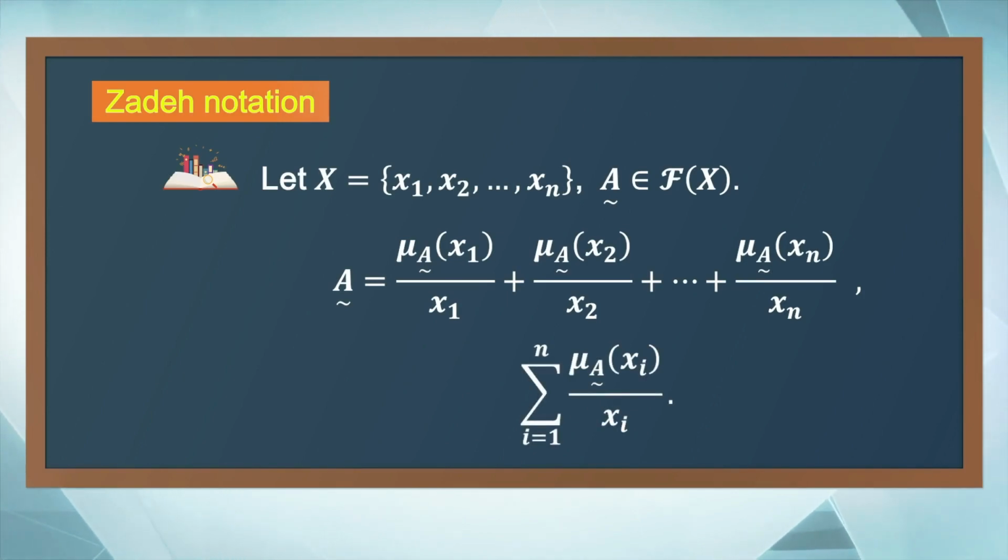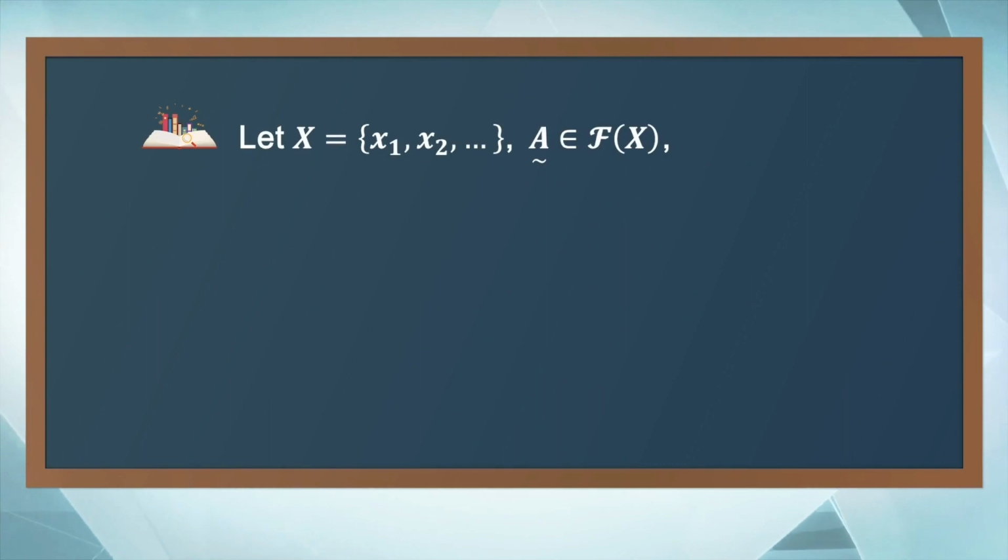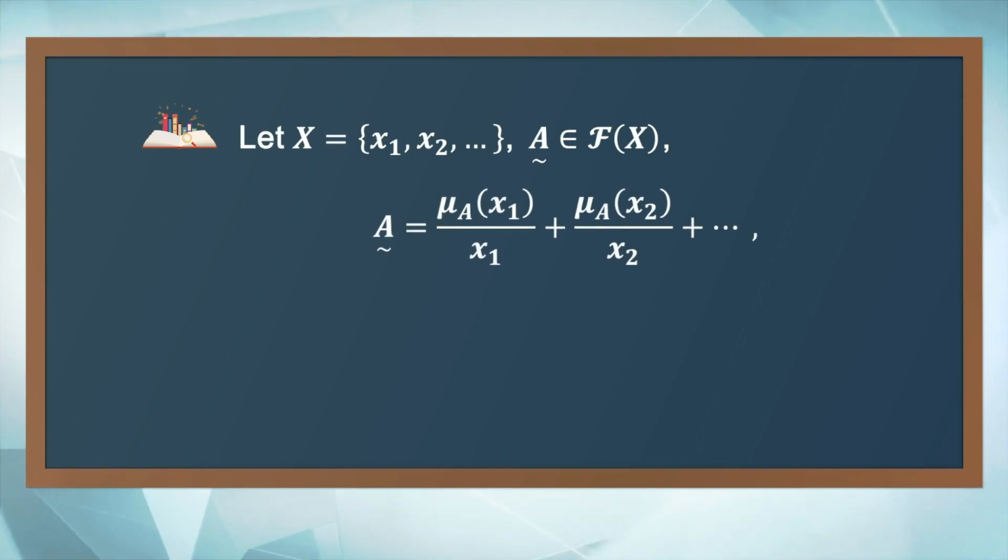If a fuzzy set A is defined on a universal set which is finite, then we can also write as follows. The fuzzy set A equals the summation i equals 1 to m mu sub A of xi over xi. If A is a fuzzy set defined on a universal set which is countable, we can write as follows.